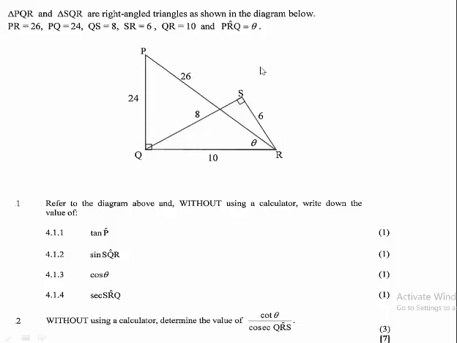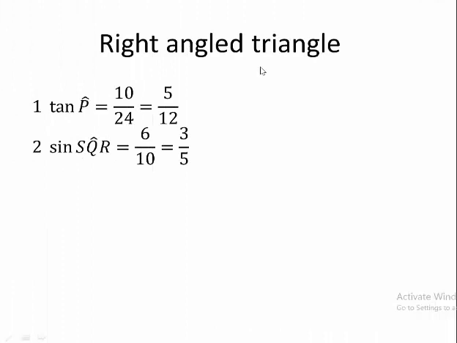Remember, if you do not understand SOHCAHTOA properly, you have the comment section where you can send in a question to get some clarity on these answers. So now let's go back to the questions again. Now for number 3, on the other hand, which is written as cos theta.